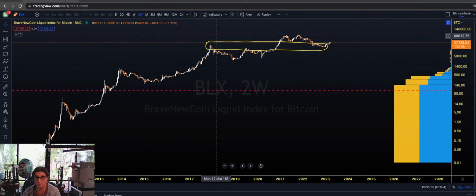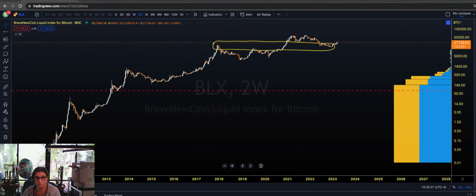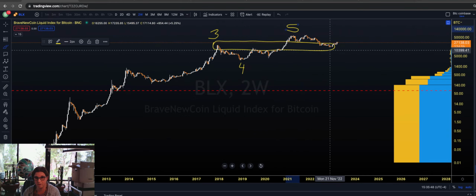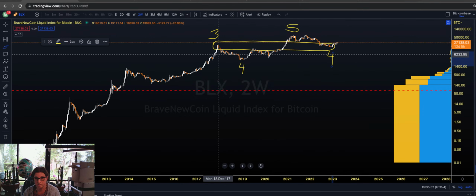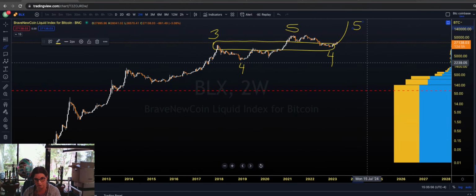What I am leaning is that this is potentially a 3. That this is a 4. That this could be 5. And maybe this is another 4, because it can overlap here. And that we're going up for a 5th. That's one possibility. But that's not my main.